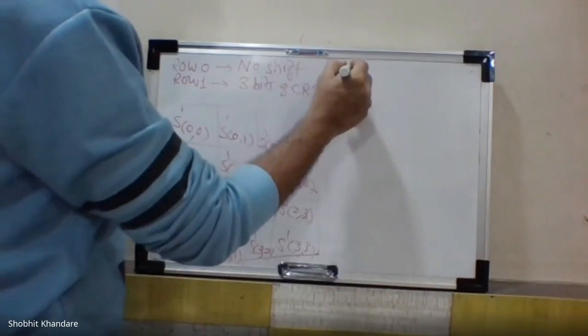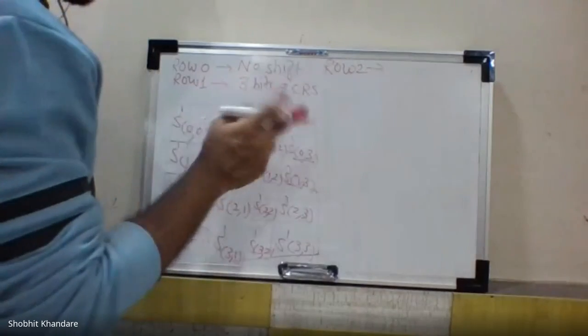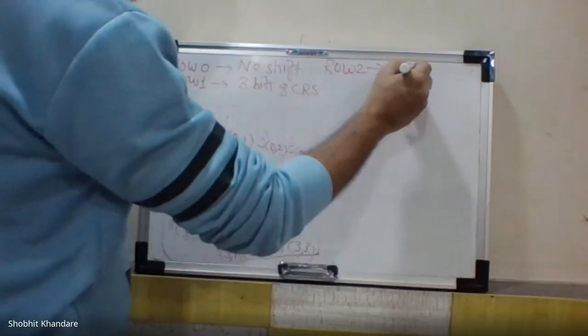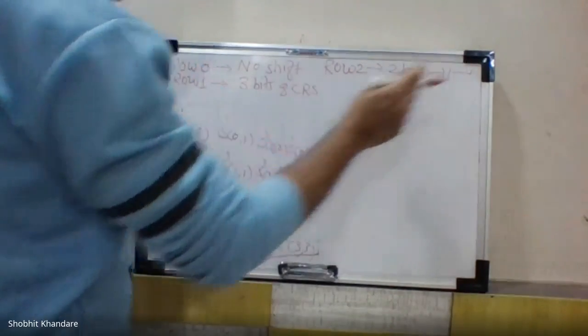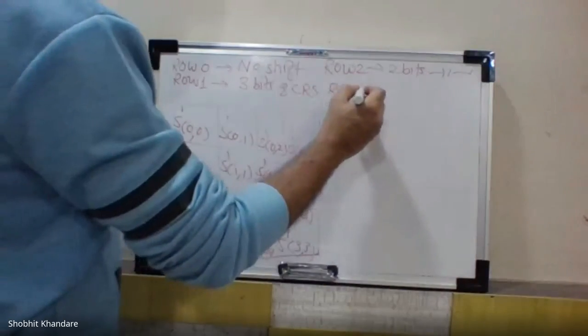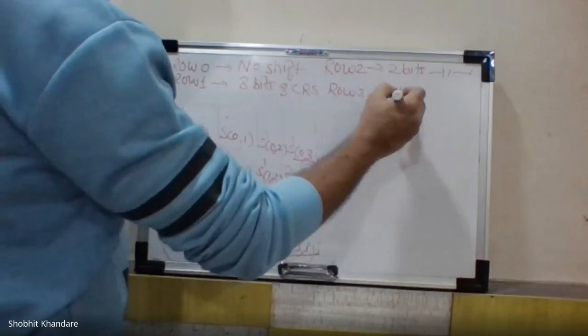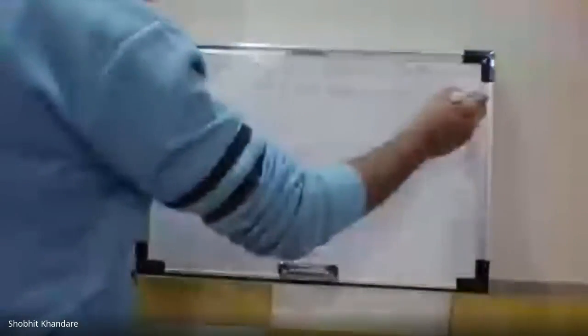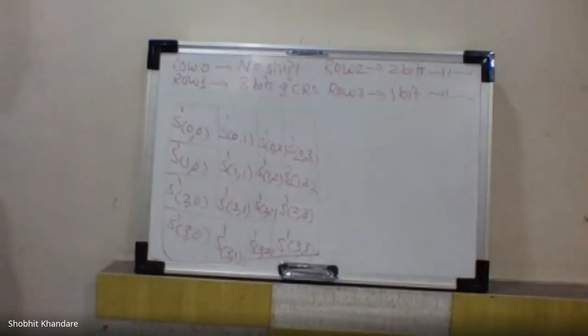Then write down as far as row 2 is concerned, there is 2 bits of circular right shift. And as far as row 3 is concerned, you have 1 bit of circular right shift.